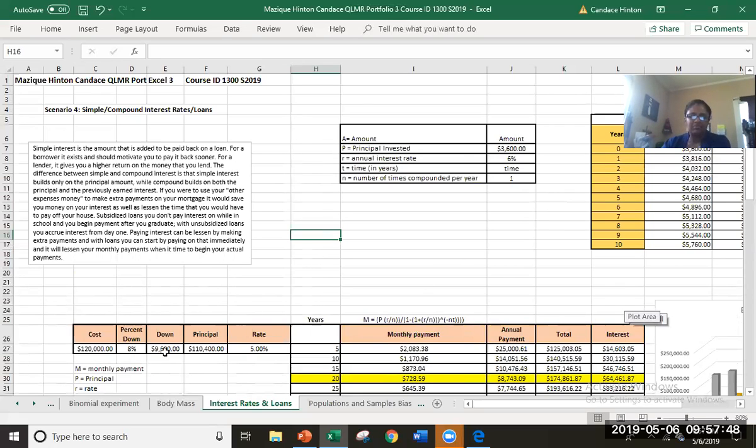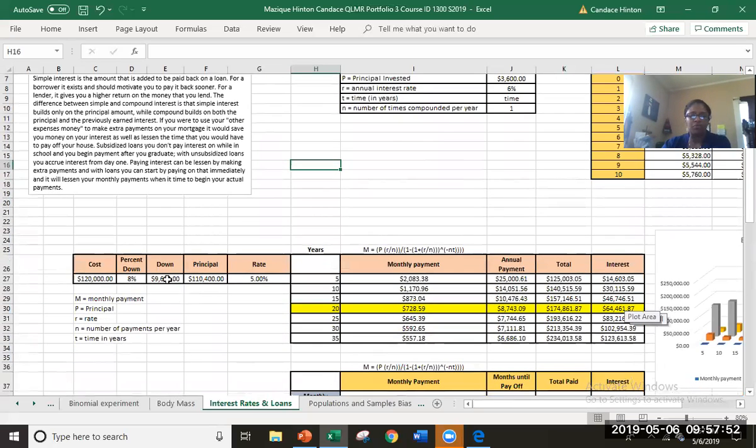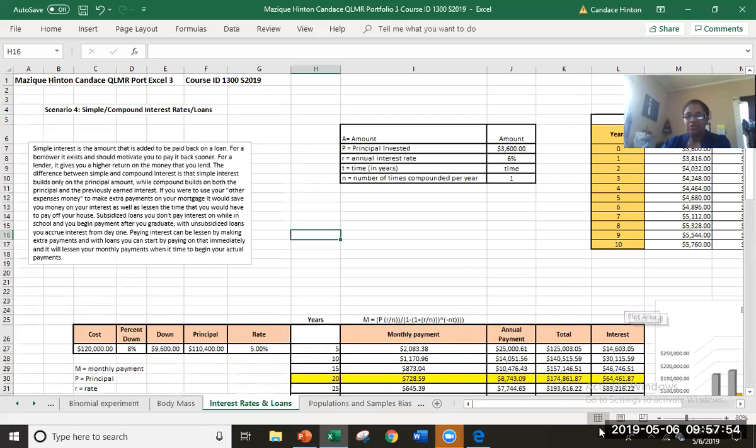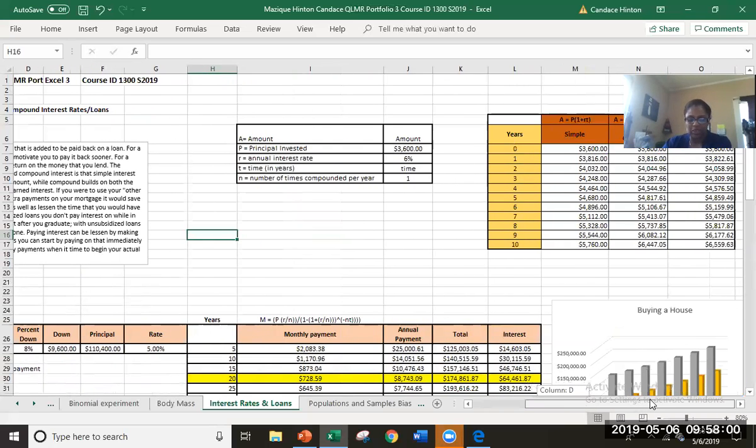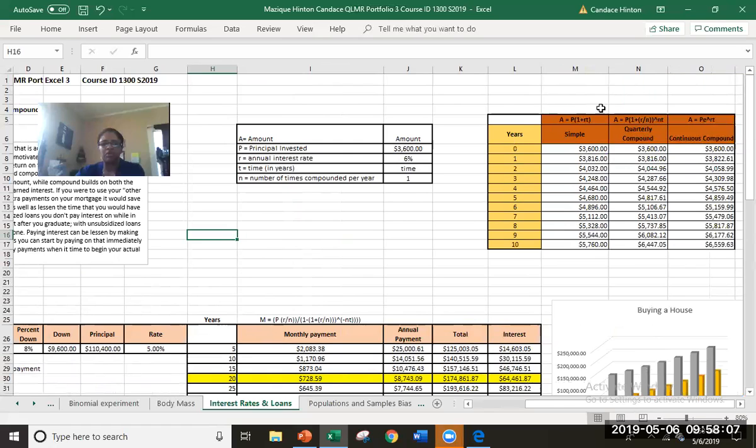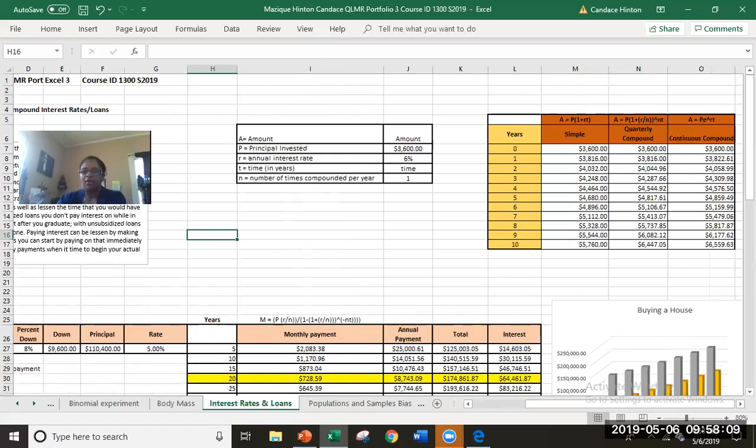So I'm being able to live through the help of my student loans. So as we look at this, we were asked to do simple interest and compound interest.